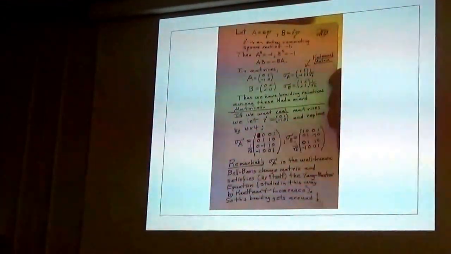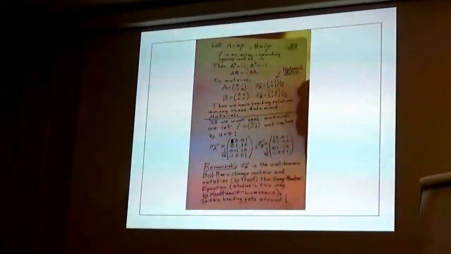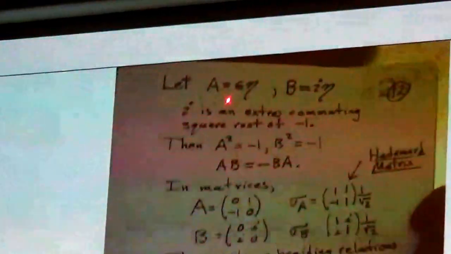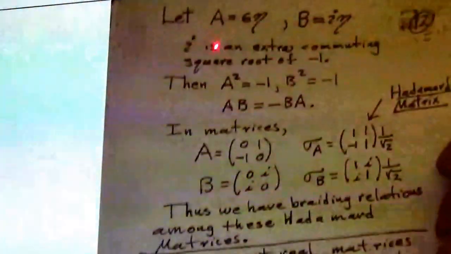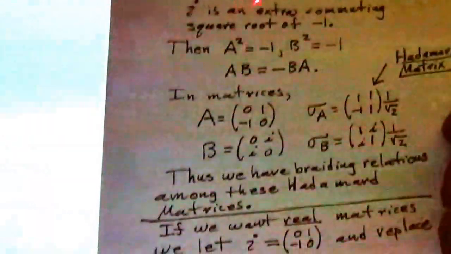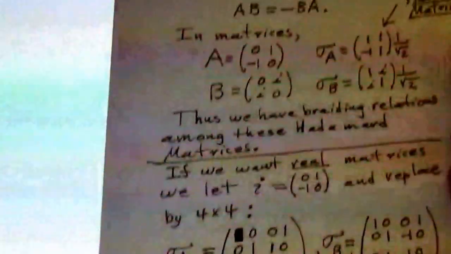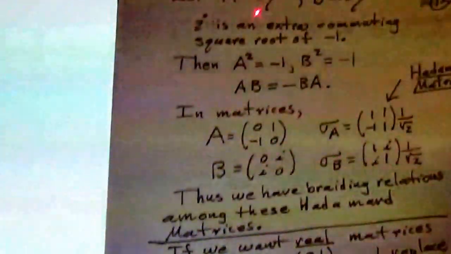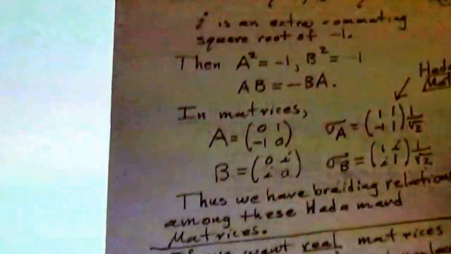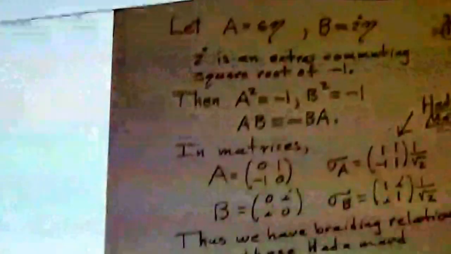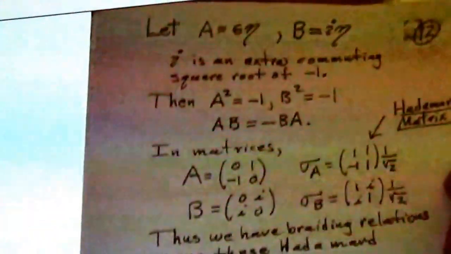Now I want to show you a side line which is related to this, a curious exercise that I found myself doing. This iterant algebra that I've been showing you started talking to me the other day. So let A be equal to epsilon eta, that's a square root of minus 1, and B be equal to i eta, another square root of minus 1 because I threw in a commuting i.